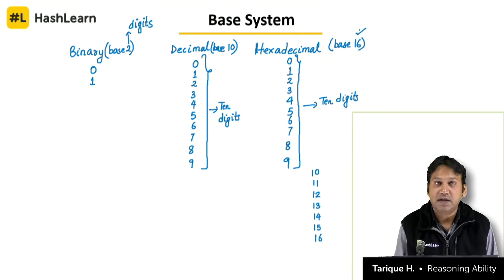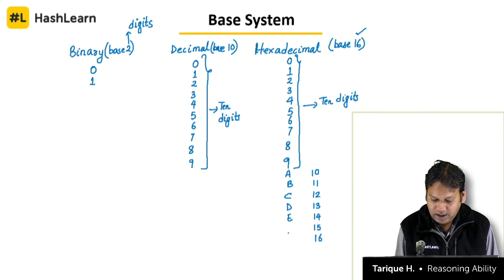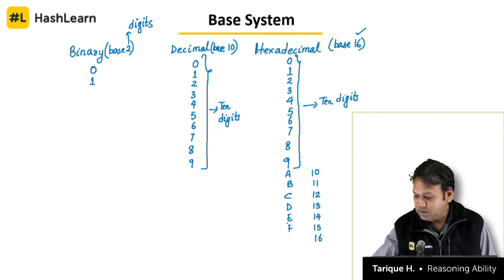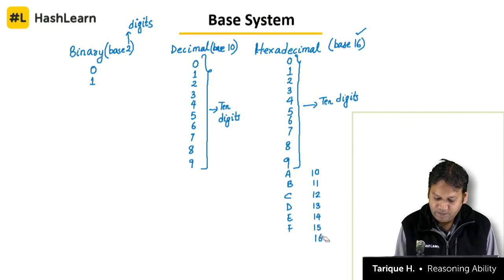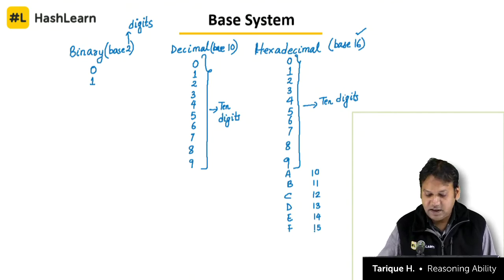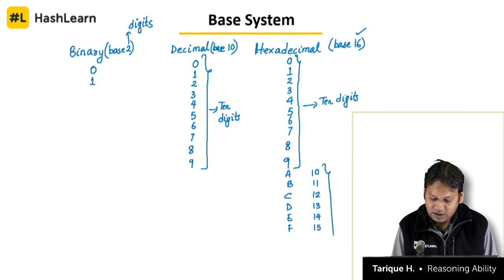So what we do is we write them as letters A, B, C, D, E and F. No 16 actually, because you're starting from 0, there is no 16, because 0 to 15 is equal to 16 digits. So these are your 6 letters.